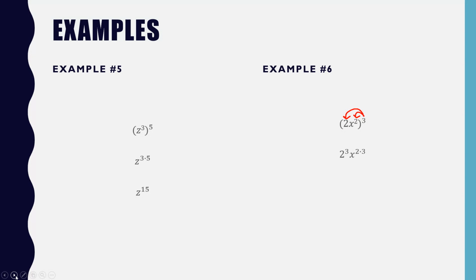So that becomes 2 to the third, and x to the second times 3. So remember, because you're multiplying those, you have to have that exponent go to everything inside. Now x to the second times 3 gives us x to the 6th, and then 2 to the 3rd is simply 8. And you've got 8x to the 6th.